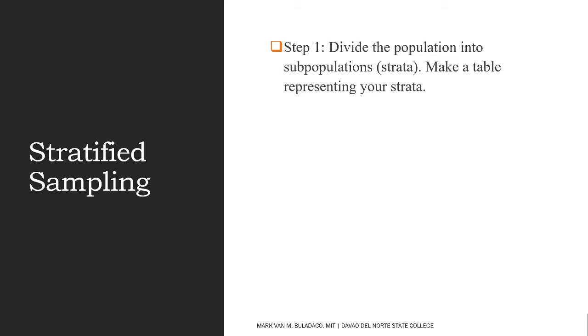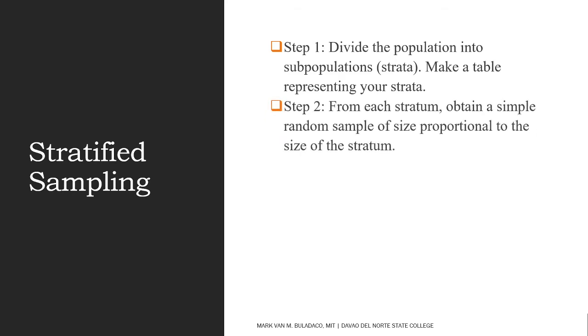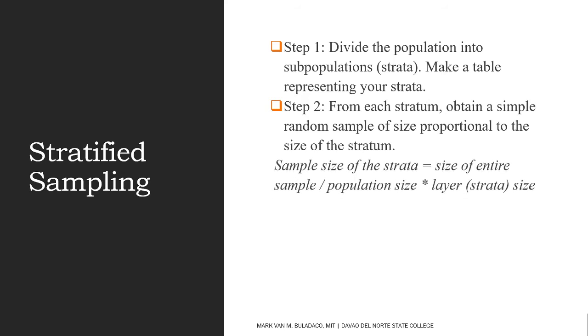You make a table representing your strata, and then from each stratum you obtain a simple random sample of size proportional to the size of the stratum, using this formula: the sample size of the stratum is equal to the size of the entire sample divided by the population size, times the stratum size.